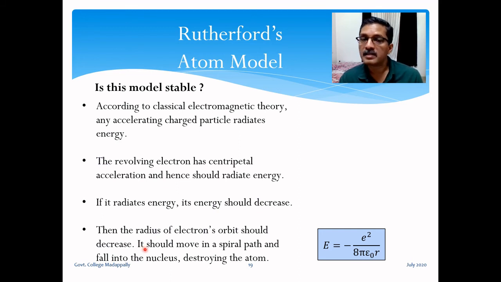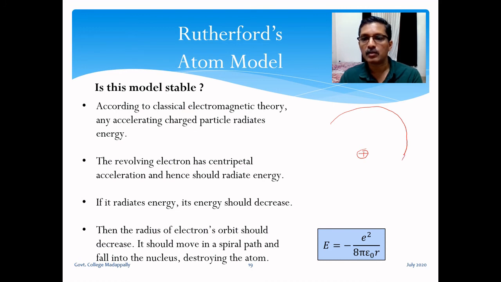If the radius decreases, what will be the path of the electron? It should look like this. Let us see. If this is the nucleus, and the electron is revolving around the nucleus in a circular orbit, then as it revolves it should radiate energy, and its energy should decrease, right?